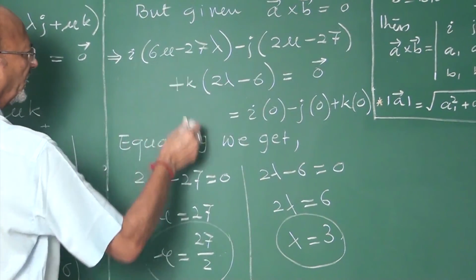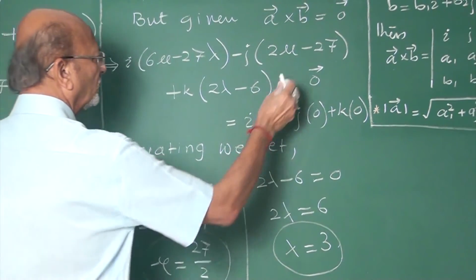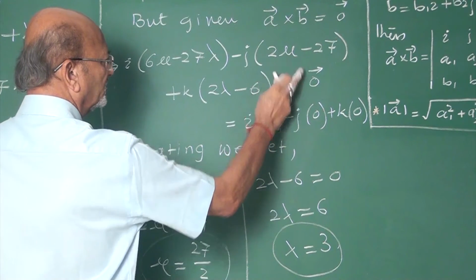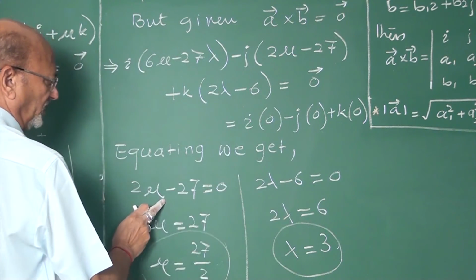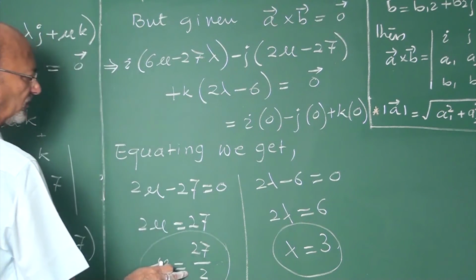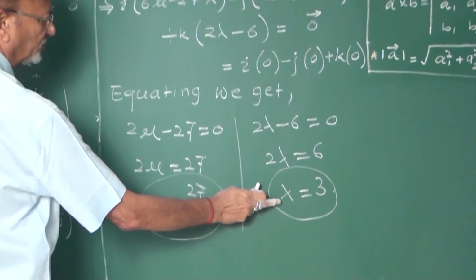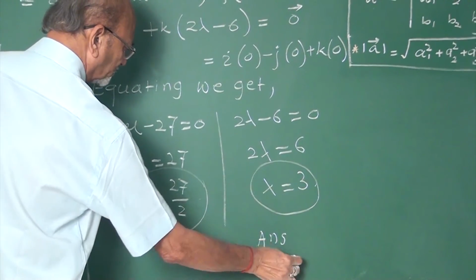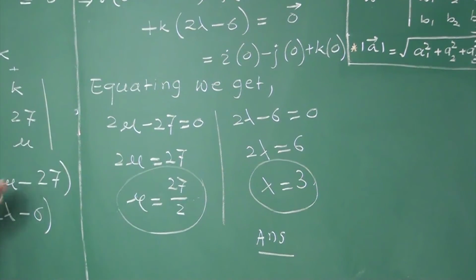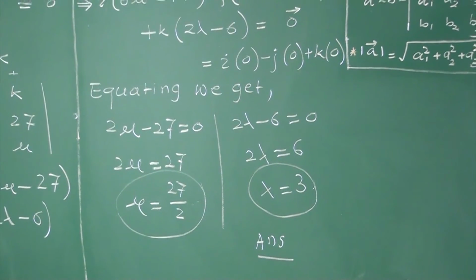Equate each bracket to zero to find the values. The first bracket gives the value of lambda. The second bracket gives the value of mu. These are the answers. Copy it.